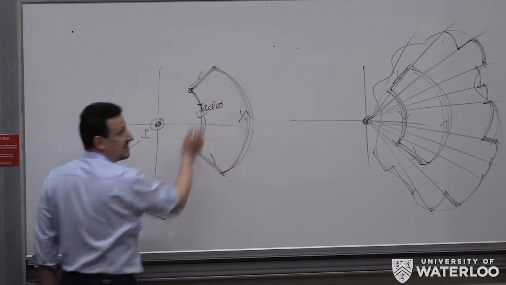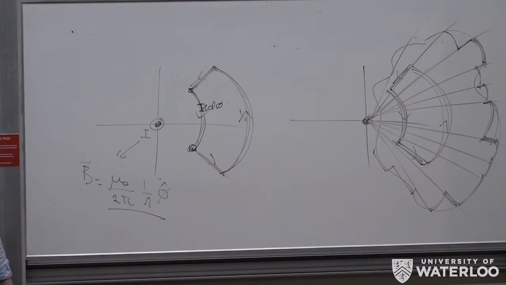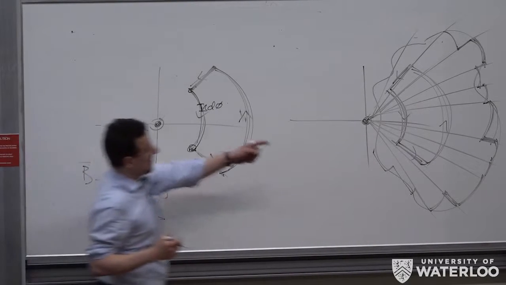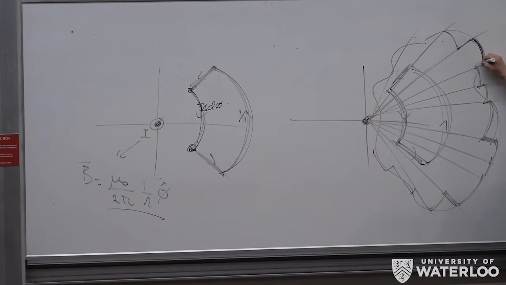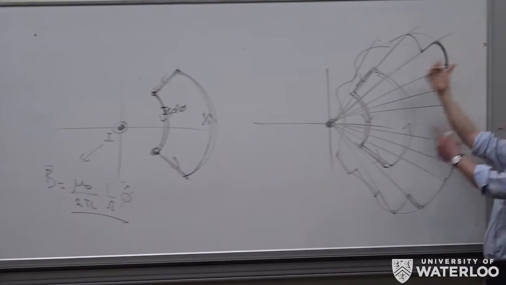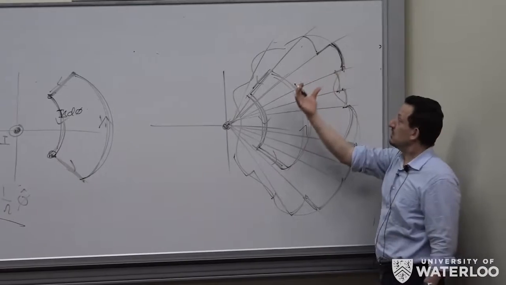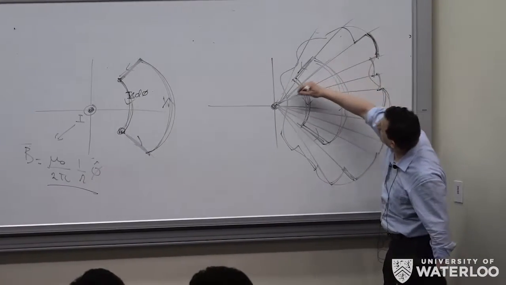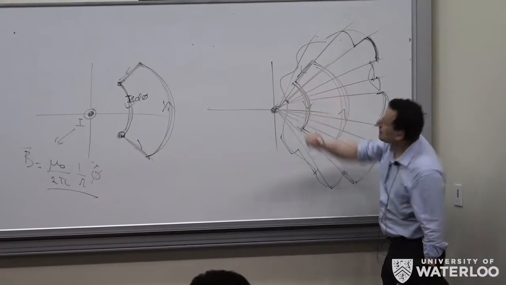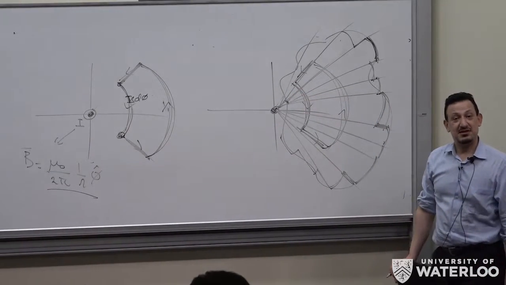If I do the same thing here, guess what? I'll get the same thing, but in the opposite direction. So they cancel. So coming back to this one, for each arch on the external side of the loop, away from the loop, there's another one which is closer to the source.